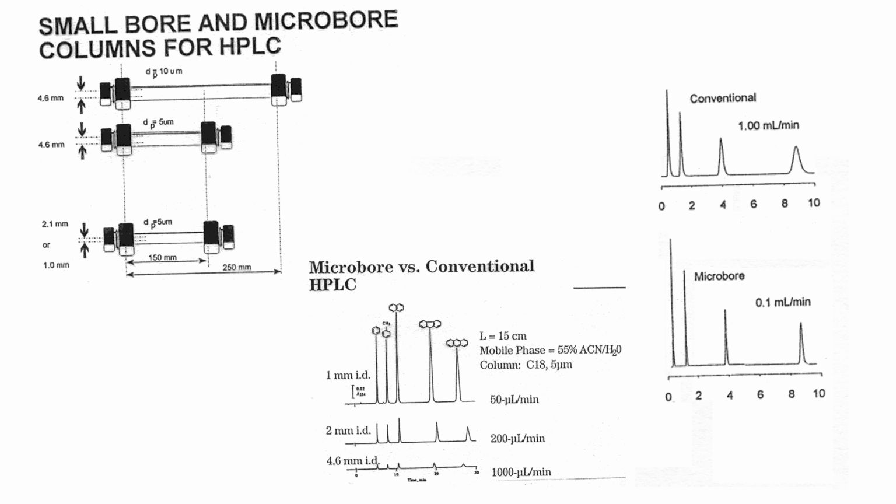Looking at size of the column. So a standard size column uses an ID of 4.6 mm ID, right? So that's a standard size. So here's the 4.6 mm ID down at the bottom. The peaks are wider, so they're not as tall.